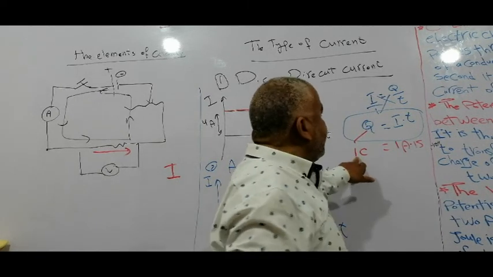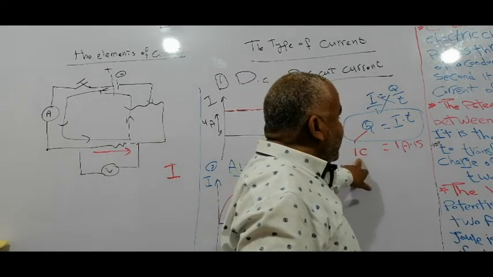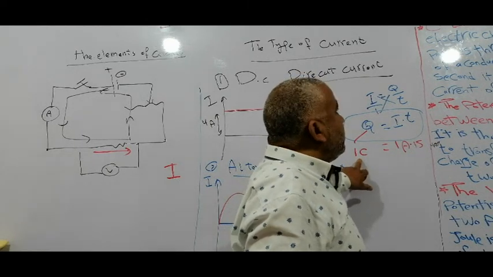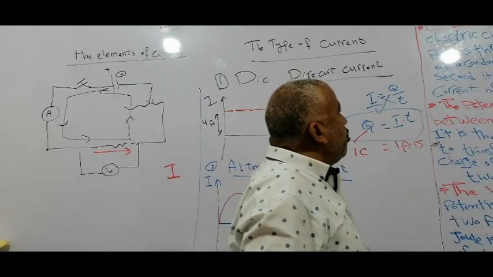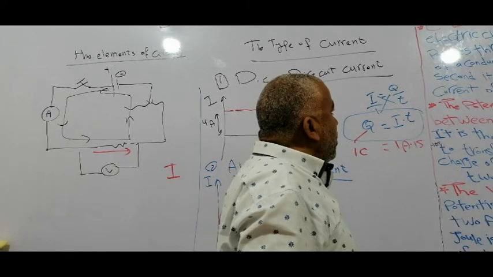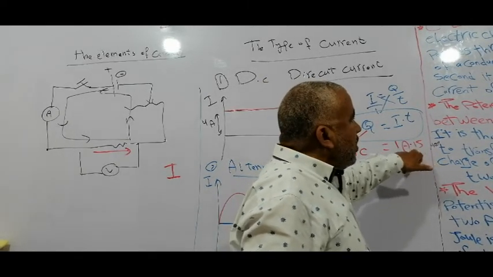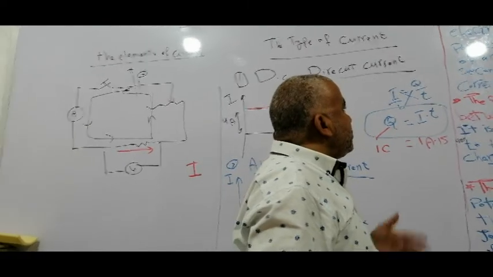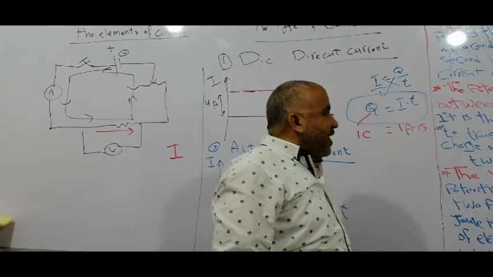So the coulomb is the quantity of electricity that, when it passes through the cross section of a conductor in a period of 1 second, produces an electric current of 1 ampere.